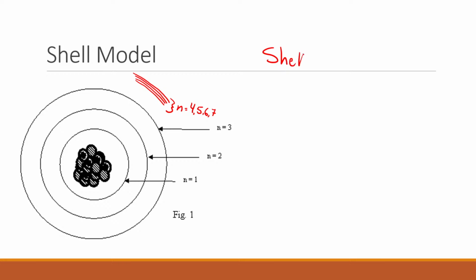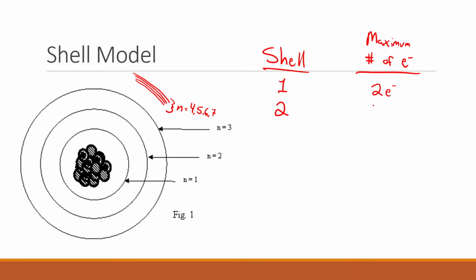Now, each one of these shells has a maximum number of electrons it can hold. The first shell can hold a total of 2 electrons. Alright, only 2 electrons fit on this shell. Any more, and they get pushed out to the second shell.